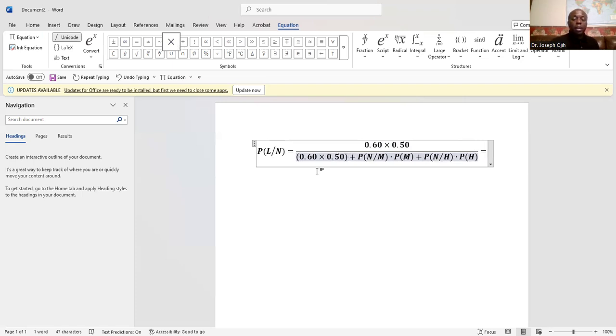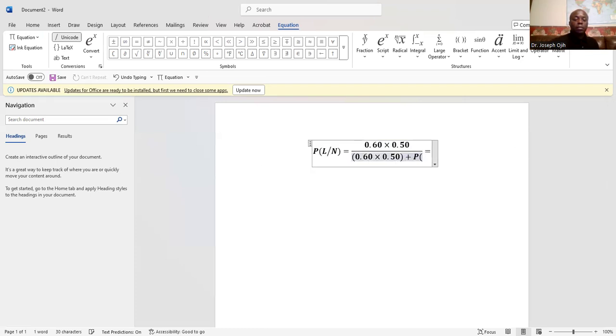Plus, here we got no book given medium. We have it as 0.15 times the probability of medium, which is 0.30, plus next would be heavy.